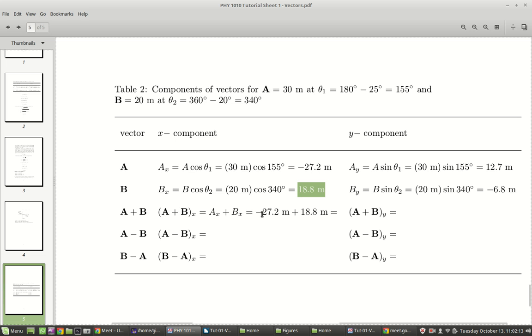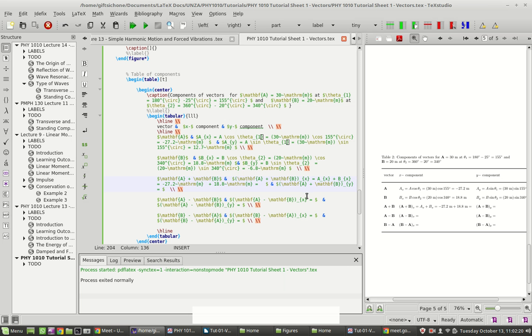So that will be minus 27.2 meters plus 18.8 meters. That will give us how much? Negative 8.4 meters.